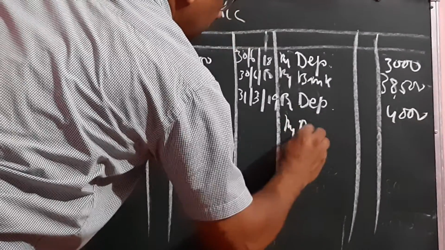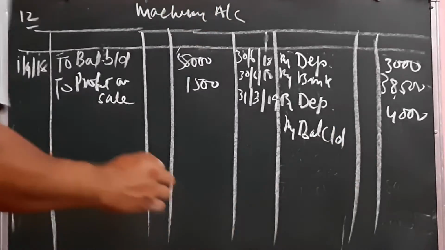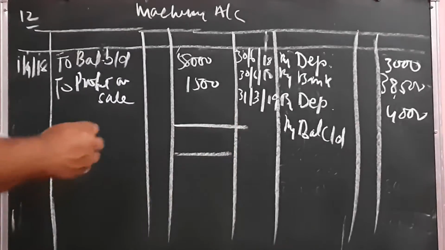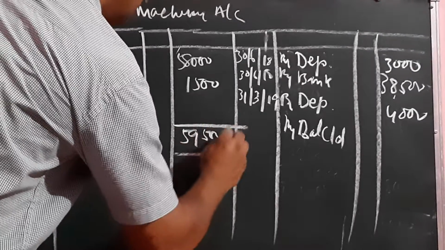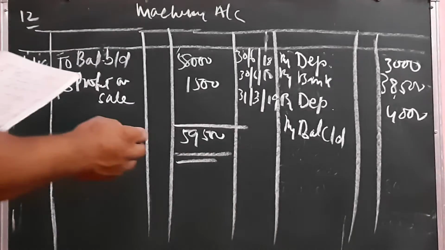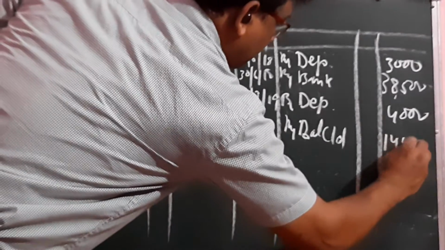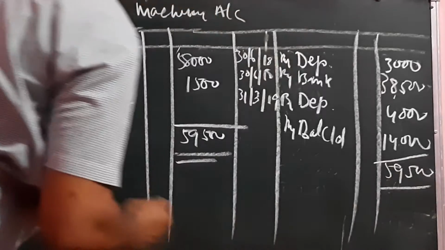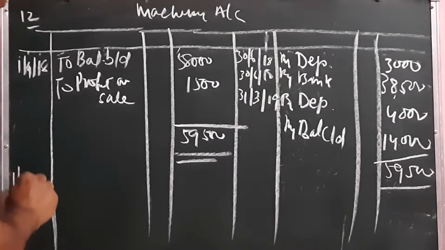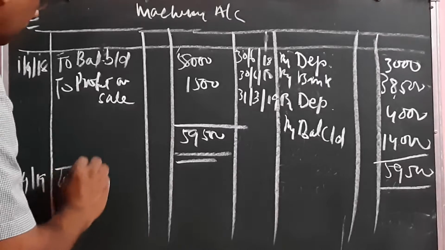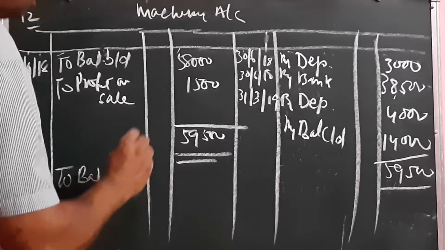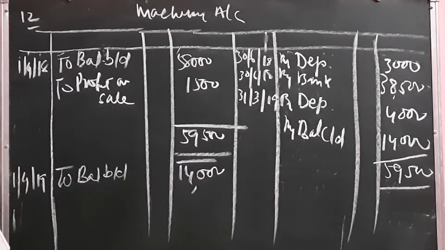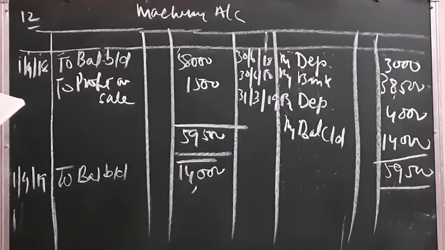So by balance CD, after calculating the difference, the remaining amount is 14,000. So on 1st April 2019, to balance BD, it is 14,000. So the cost of machinery on 1st April 2019 is 14,000.